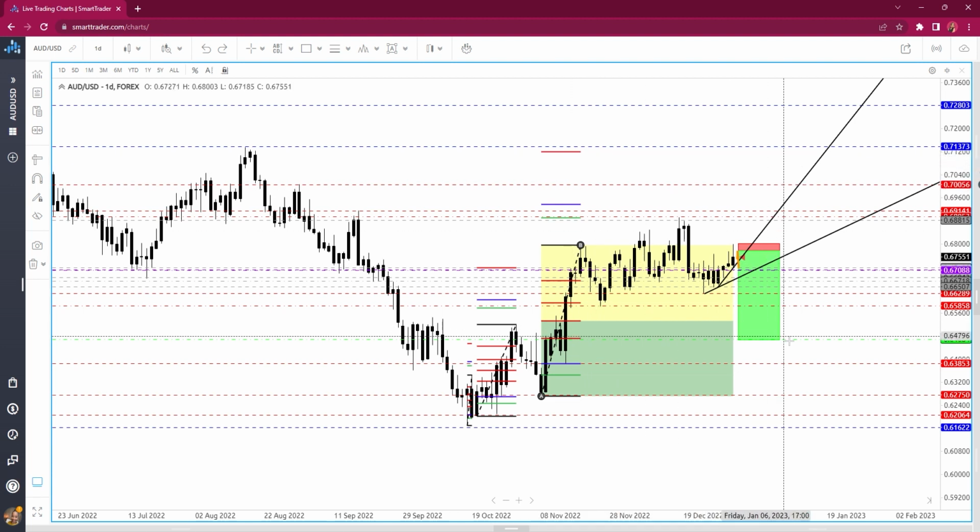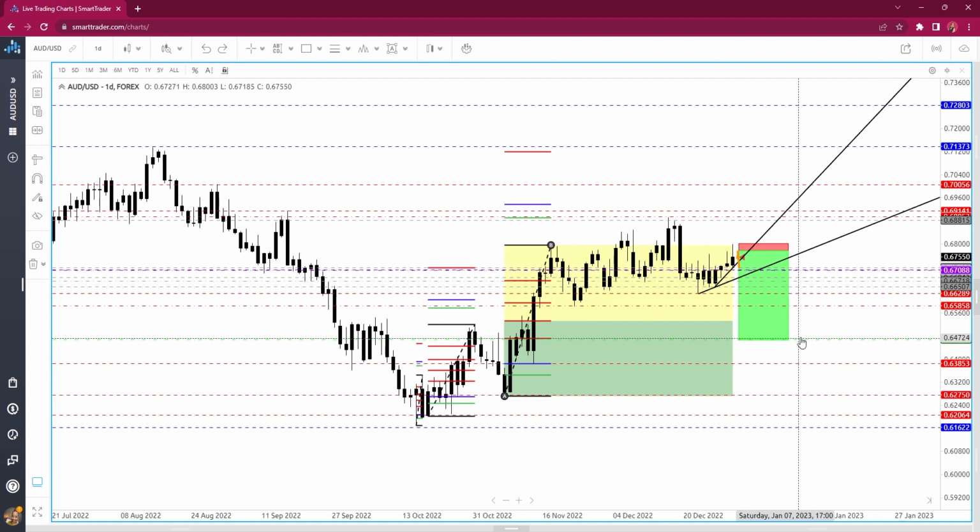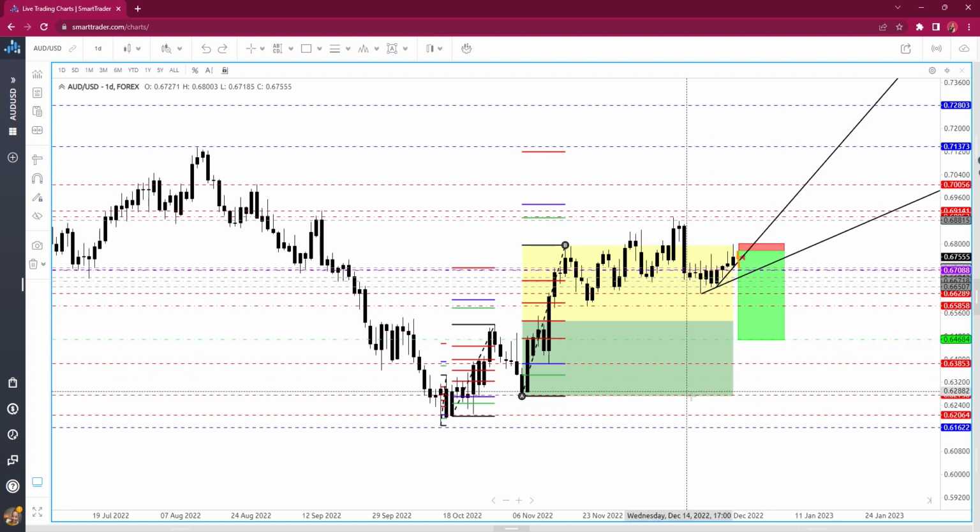So that's the multiple time frame analysis. Bullish on the monthly, bearish on the daily, bearish on the 4 hour, bearish on the 1 hour. And there may be smaller plays in between that you could take advantage of, but this is just what I see for AUD USD.